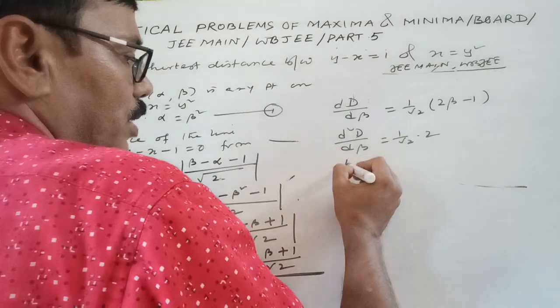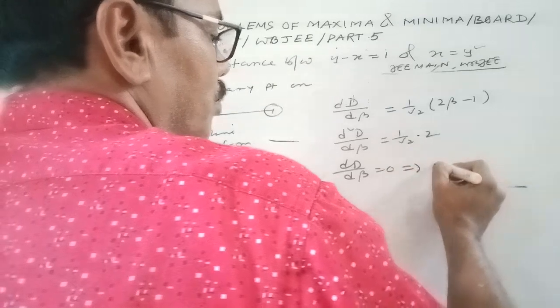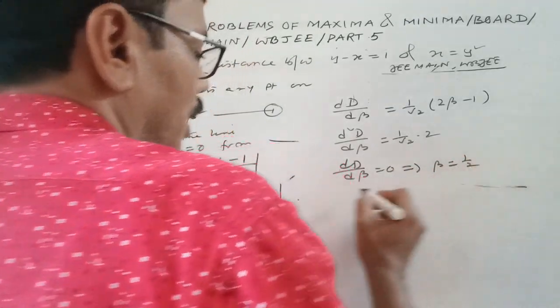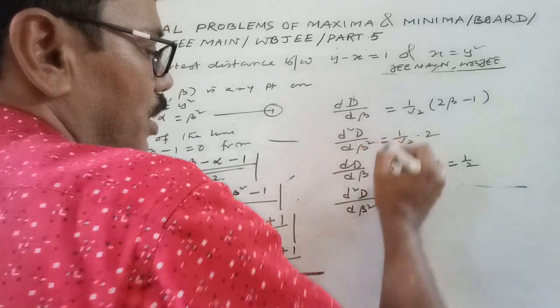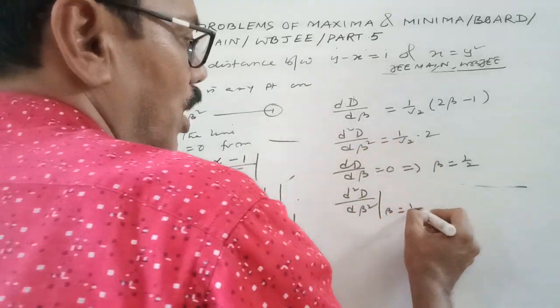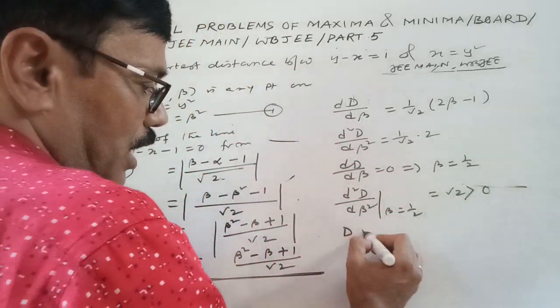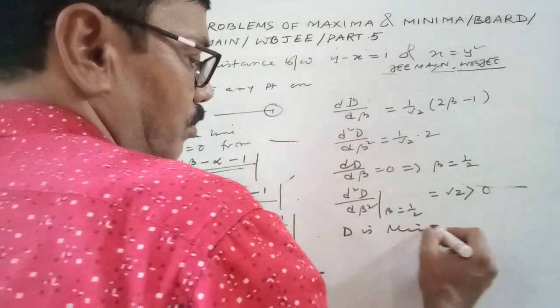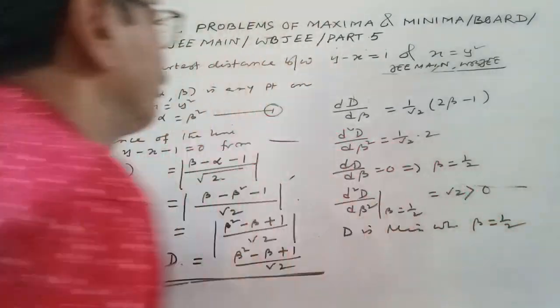So make first derivative 0. dD by d beta equals to 0 implies beta equals to half. Now what is double derivative? Obviously d square D by d beta square at beta equals to half equals to root 2, which is greater than 0. So D is minimum when beta equals to half.